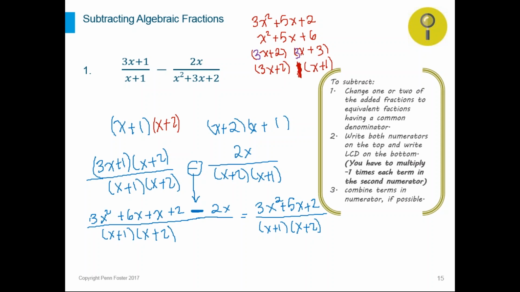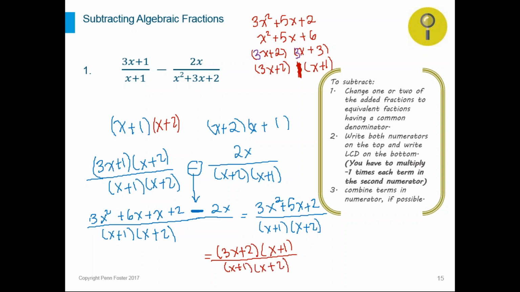This is an extraneous factor, a factor that's extra. We do not need that. So the actual factors of this trinomial are 3x plus 2 times x plus 1, over our LCD, which is x plus 1 times x plus 2.